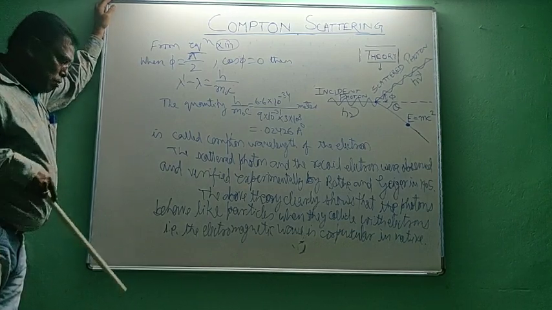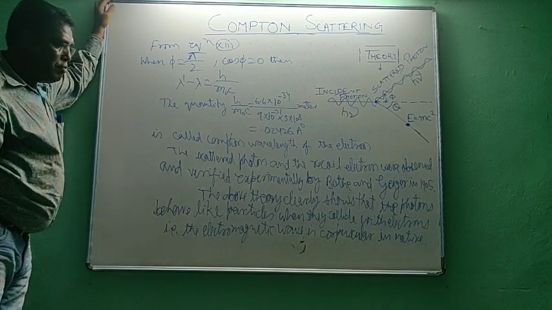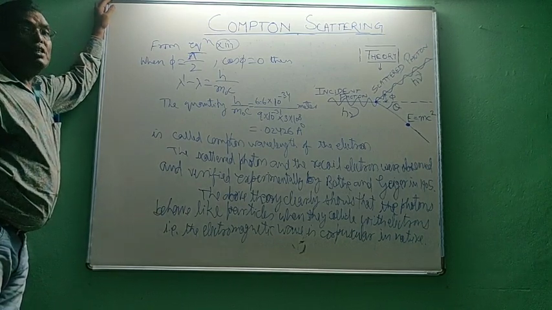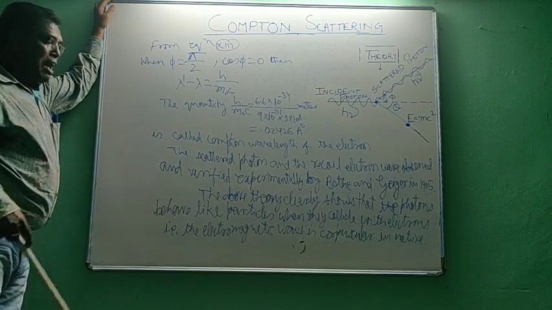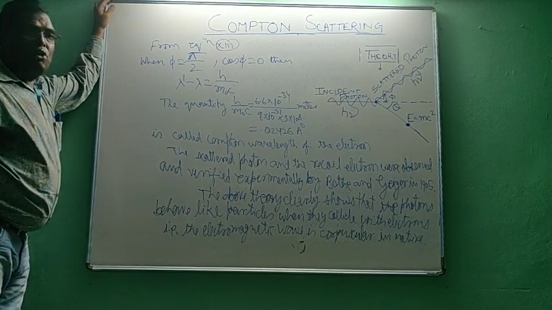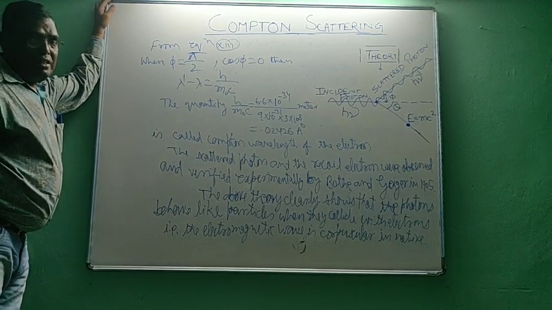The conclusion is that the electromagnetic wave is corpuscular in nature. It means the electromagnetic wave behaves like a wave and also as a particle, and it is the dual nature.